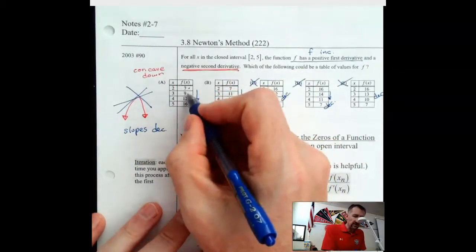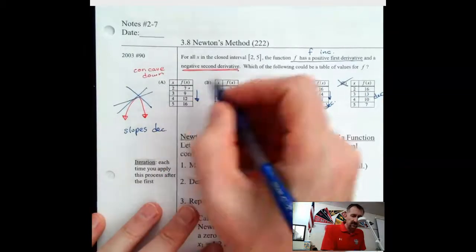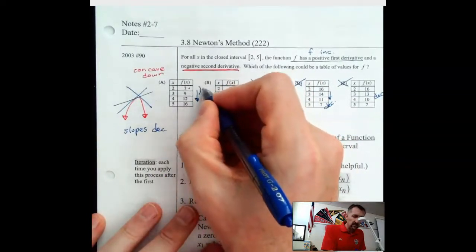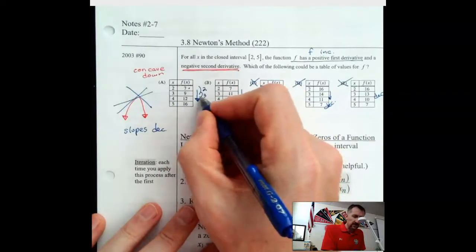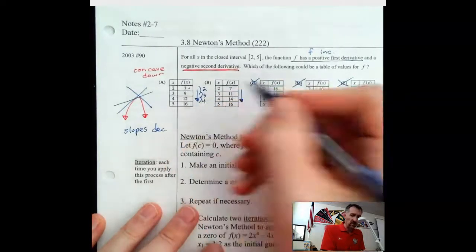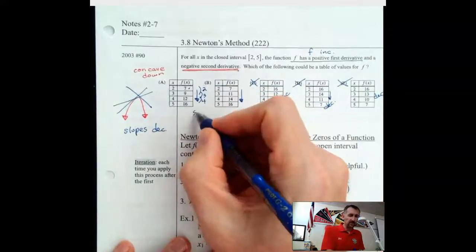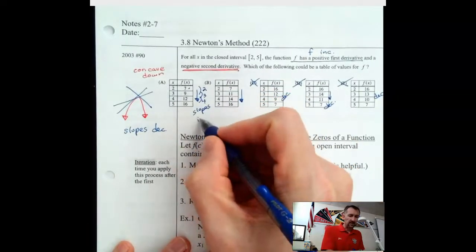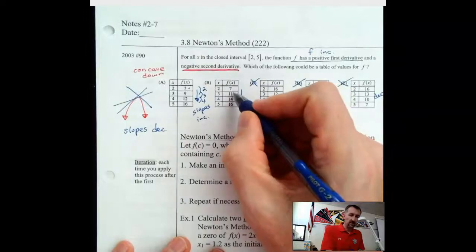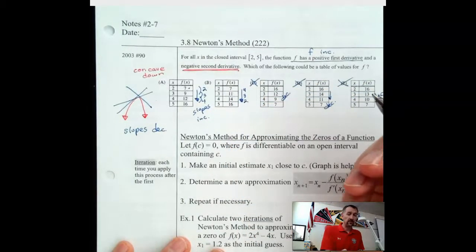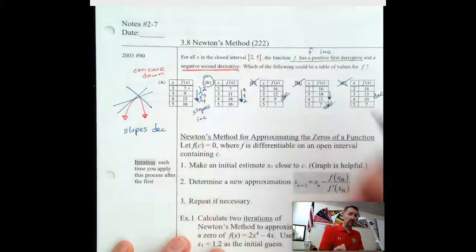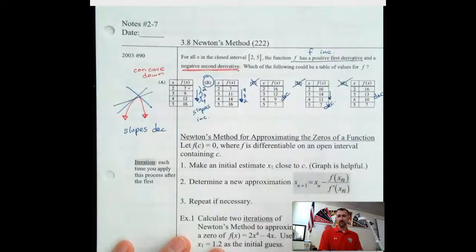The slope between here is 9 minus 7, that's 2 over 1. So the slope between there is 2. This is 3 over 1, so the slope is 3. And here the slope is 4. So those slopes are increasing, so that can't be concave down. Here we have 4, and then 3, and then 2. So that's going to be the answer.